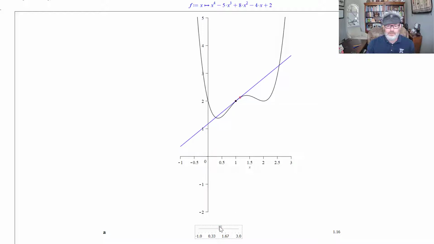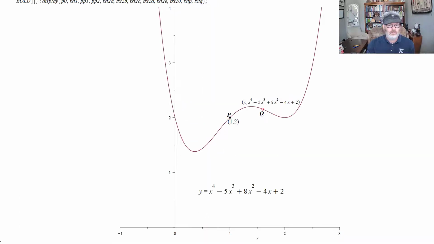And then if Q is bigger, then these are the slopes. So what will be the slope of the line connecting P and Q? Well, it's just change in y over change in x. So the change in y is this fourth degree polynomial minus 2, divided by the change in x, so x minus 1.